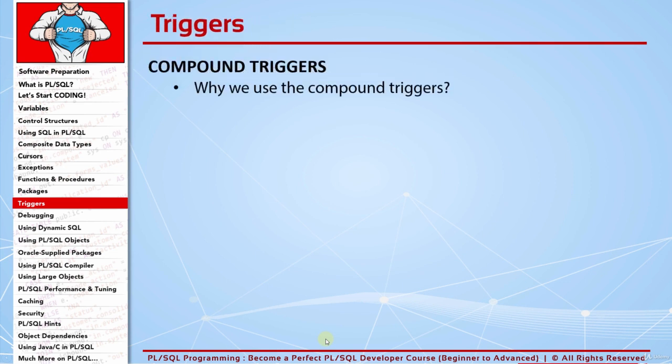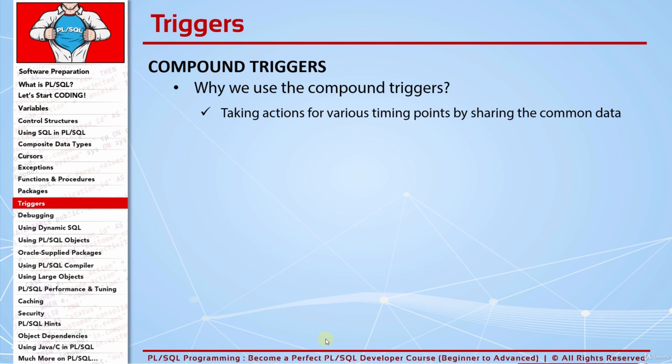So why do we use the compound triggers? We use compound triggers to take actions for various timing points by sharing the common data among these timing points. For example, we can declare some variables in it, then assign some values at the before statement section or any other, and then use it in another, like the after row trigger or any other.